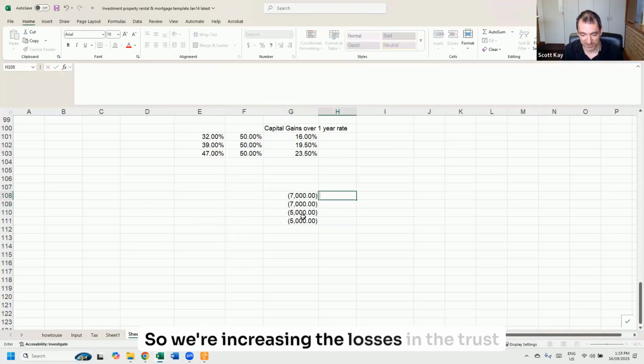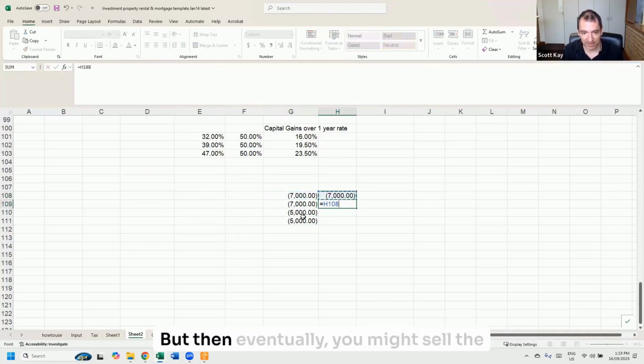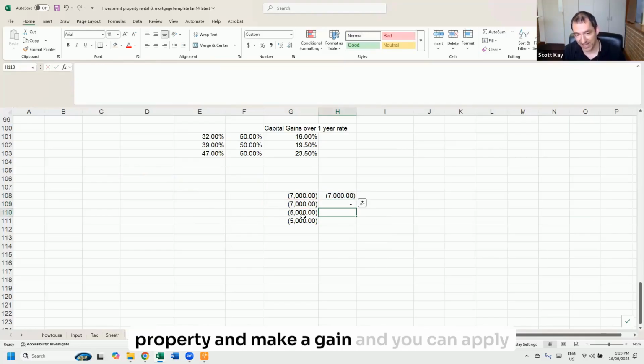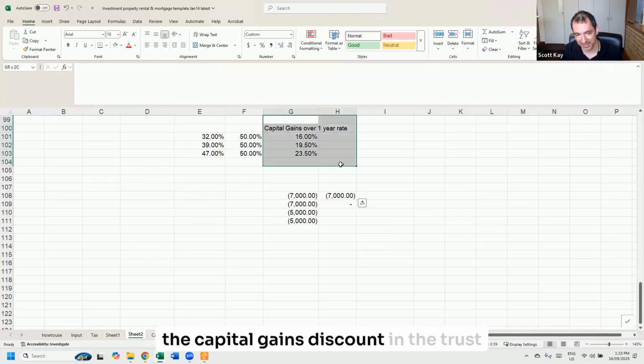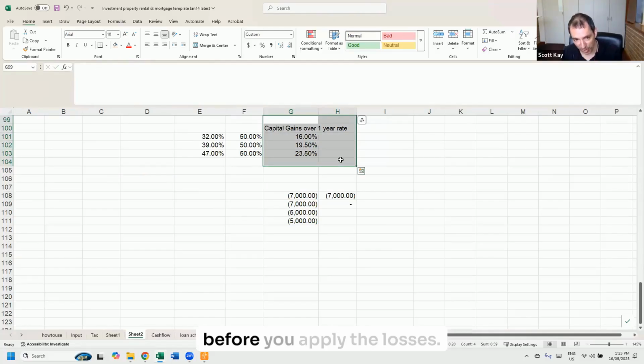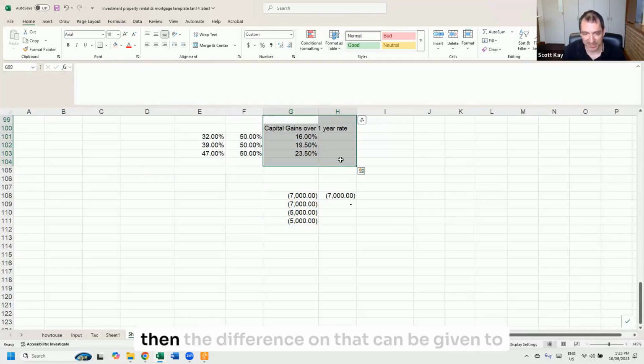But then eventually you might sell the property and make a gain, and you can apply the capital gains discount in the trust before you apply the losses. So then the difference on that can be given to an individual.